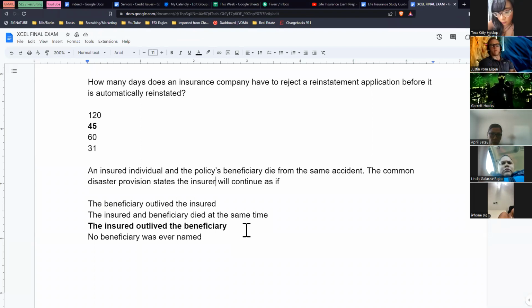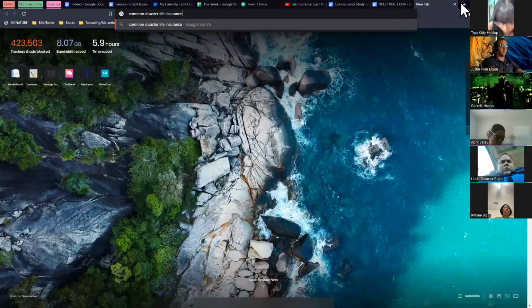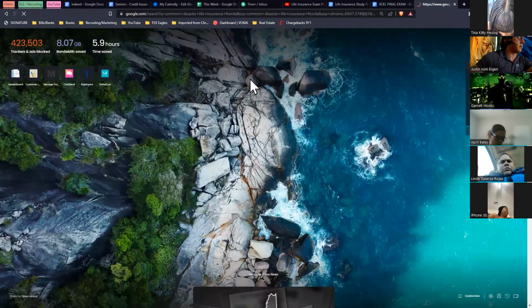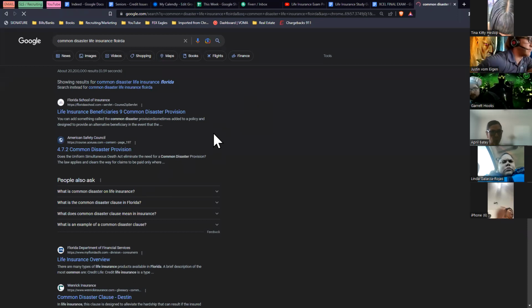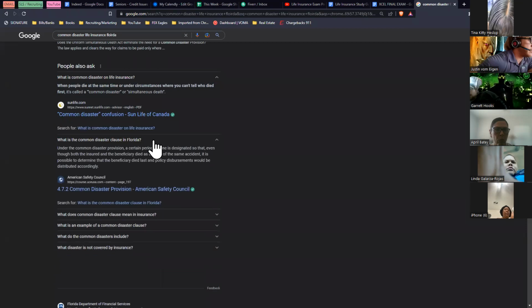So what it's saying is that if the insured and the beneficiary die in the same accident... We'll just clear this up here because I think my assistant put something wrong in there. Common disaster: when people die at the same time or under circumstances where we can't tell who died first, it's called a common disaster, simultaneous death. I think that's right.